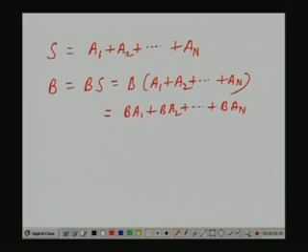Remember, since A1, A2 up to An are mutually exclusive, so are these sets. After all, this is nothing but an intersection between B and A1, which is contained in A1.